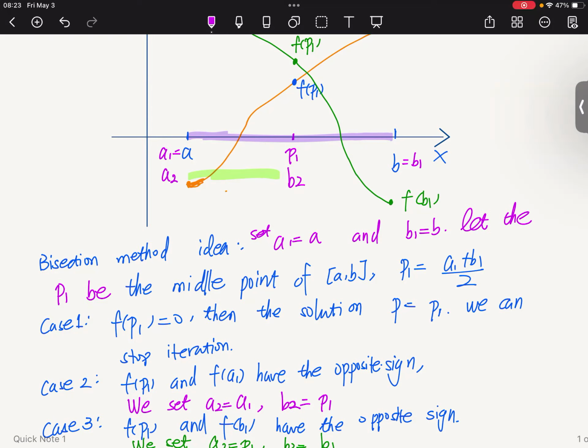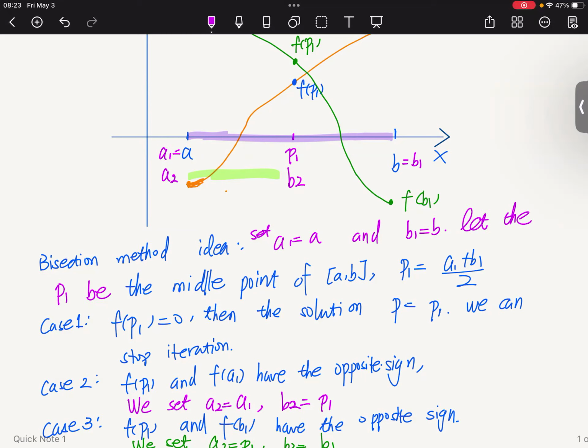If you have the opposite sign, you keep resetting the interval, and then we have case 2 and case 3, and we get half the size of the interval, maybe this one, or maybe this one. So you keep the iterations going on the smaller interval, and that's it. Any questions? Any questions here? So that is the bisection idea.